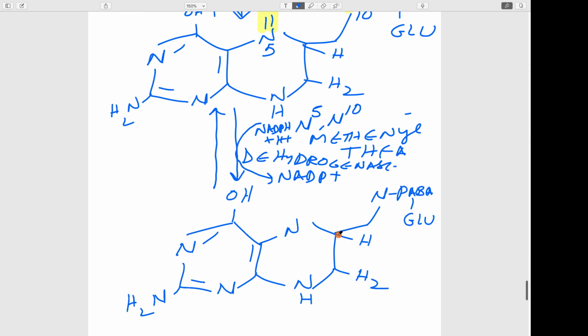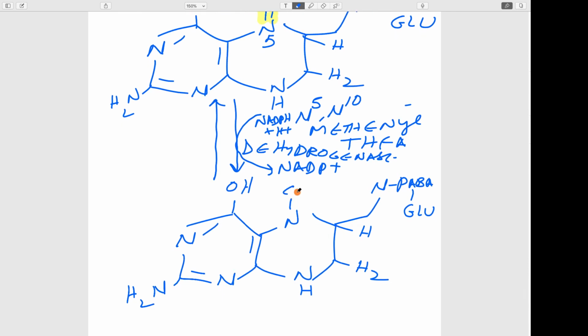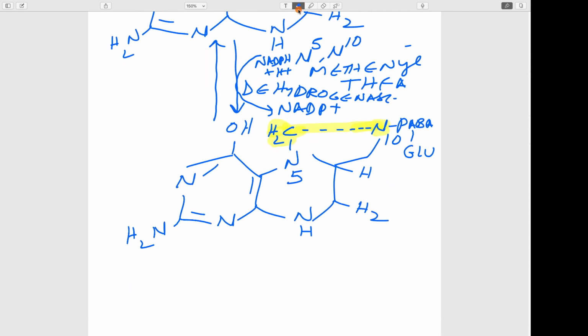You can see here CH2, here it is 5 and here it is 10. We call this N5, N10 methylene THFA.